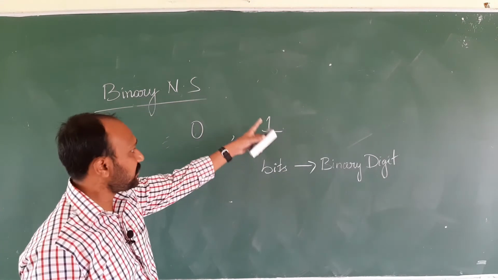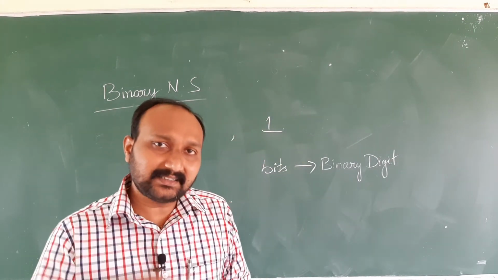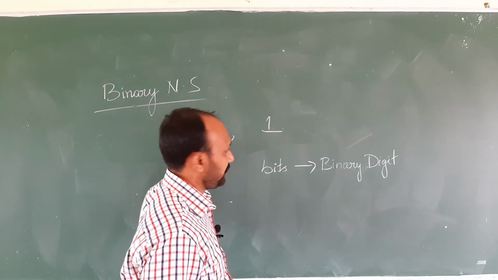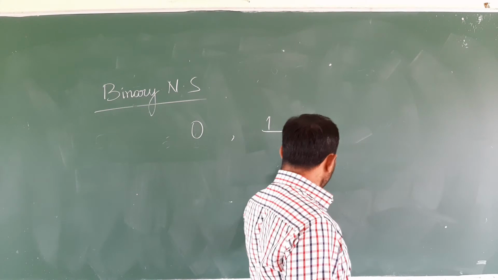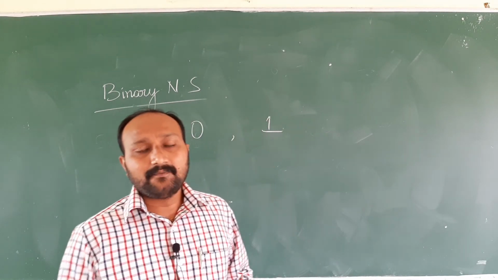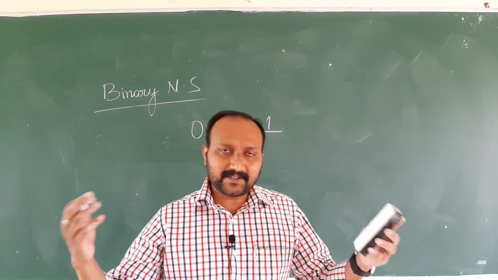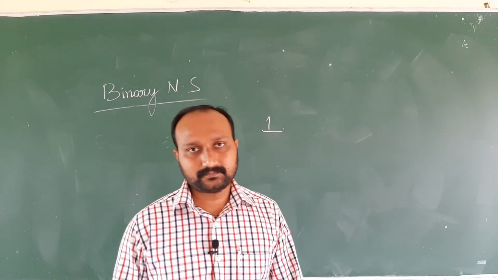So in binary number system, these symbols 0 and 1 are not referred as digits. Instead, they are referred as bits. 0 is one bit and 1 is also another bit here. Using only these two symbols or bits, we will be representing all different values in binary number system.